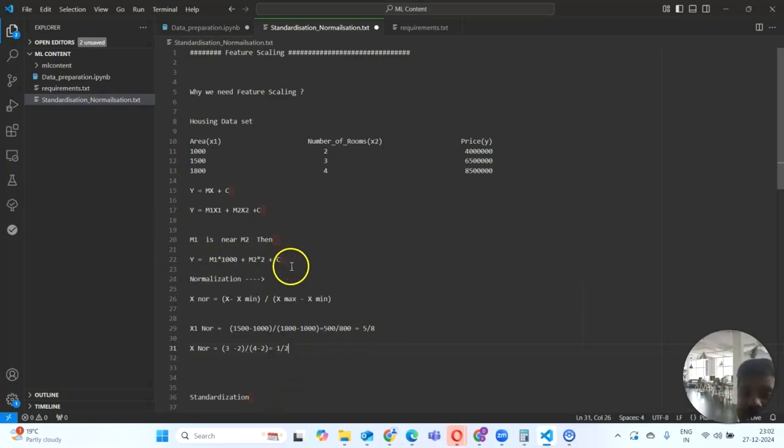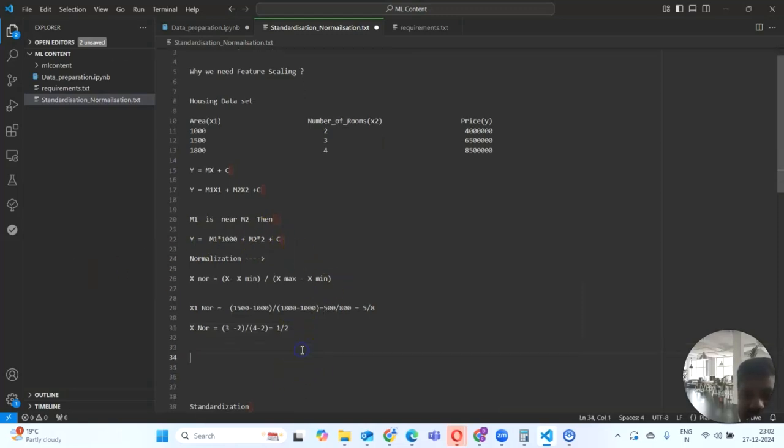Now, if I introduce the same equation here, what will happen? M1 into 5 by 8 plus M2 into 1 by 2 plus C. Now when the model learns, there are no bigger values. 5 by 8 and 1 by 2 are more or less the same.